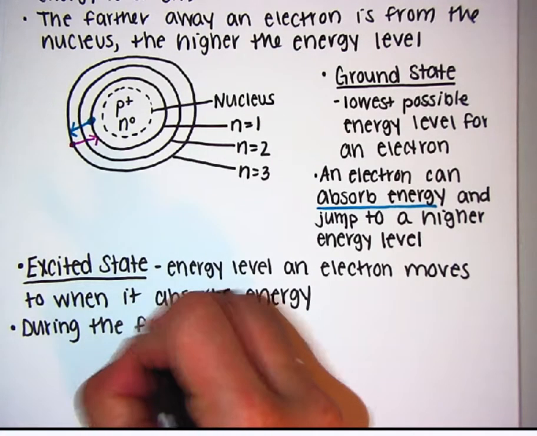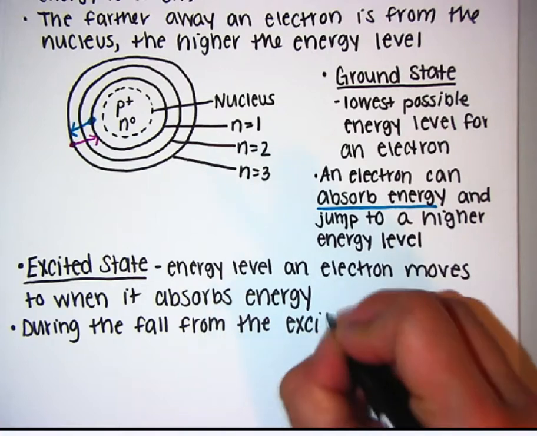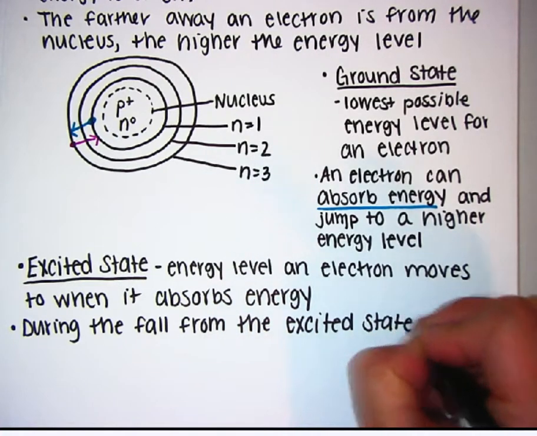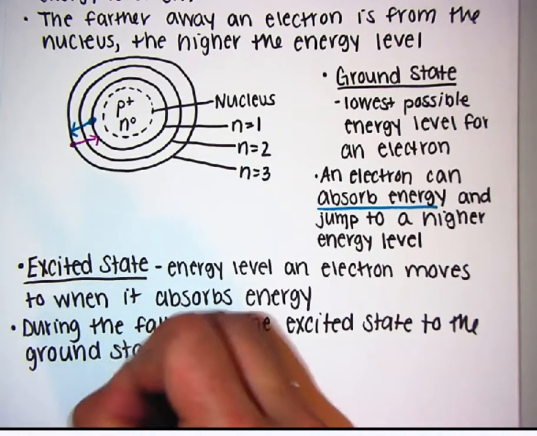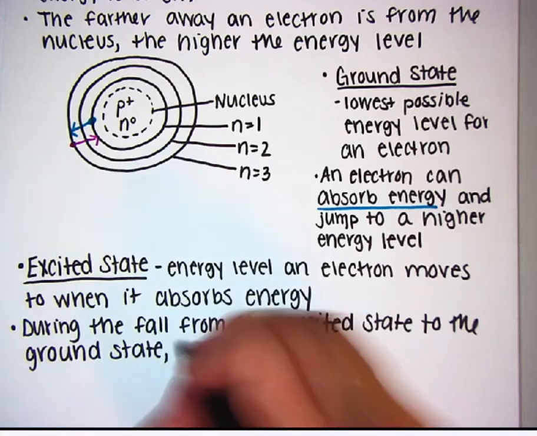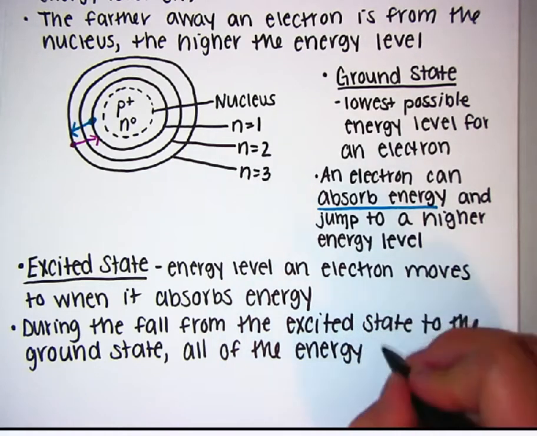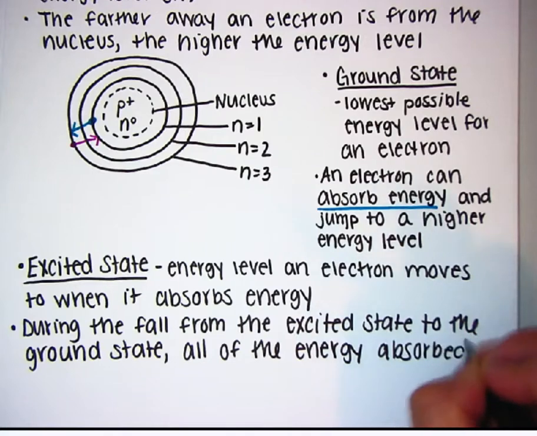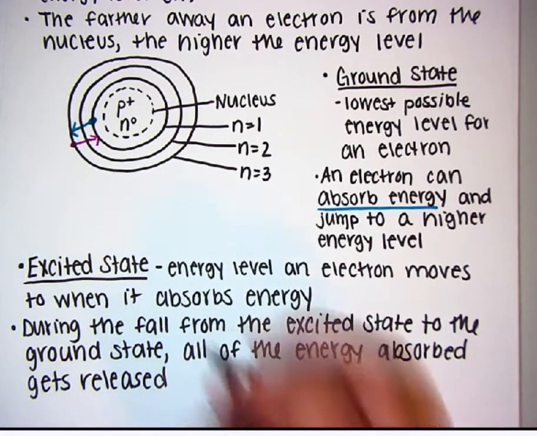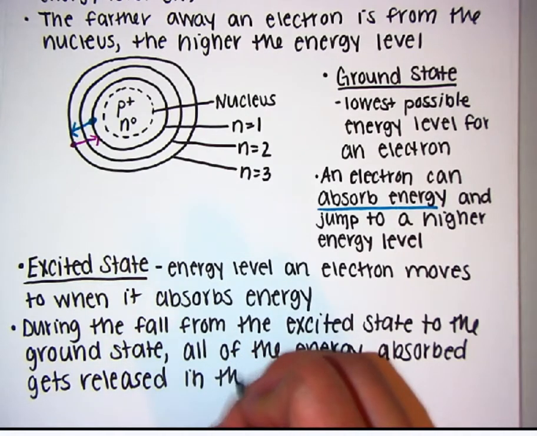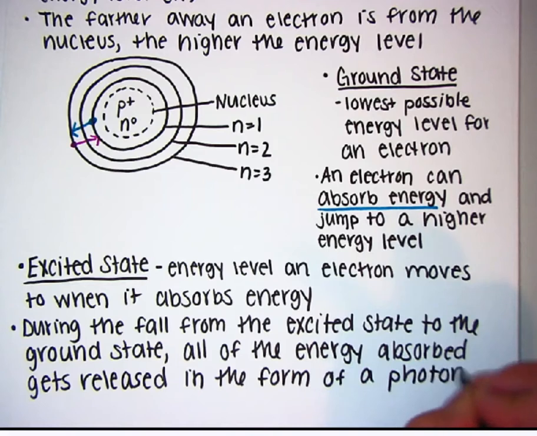So during that fall from the excited state to the ground state, all of the energy that was previously absorbed gets released in the form of a photon.